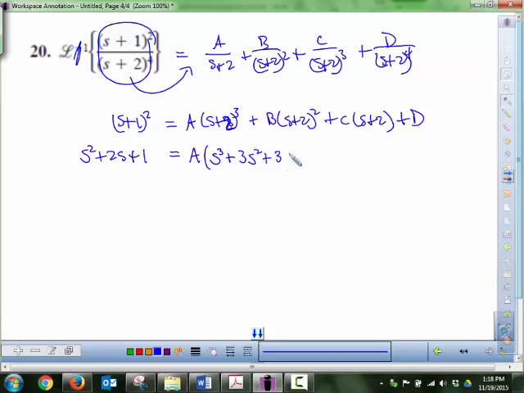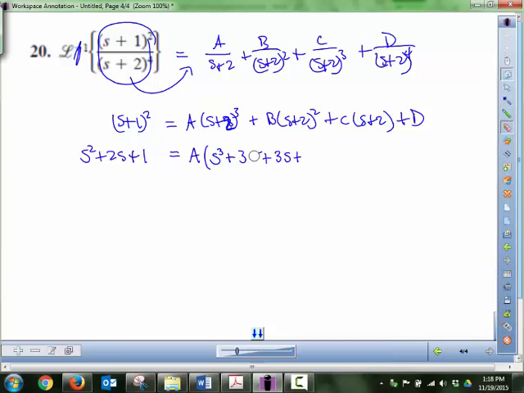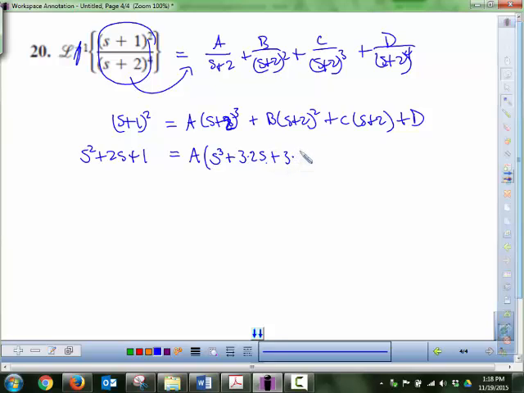So there'll just be 3s plus, oh, no. All right, I guess I don't know my formula. 3 times 2 s plus 3 times 2 times 2 is 4. Oh, this is squared. Plus 8.